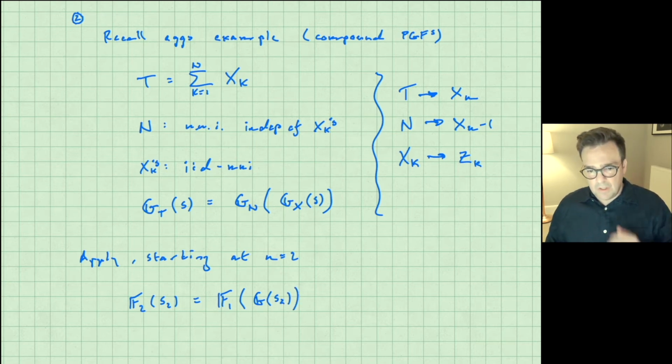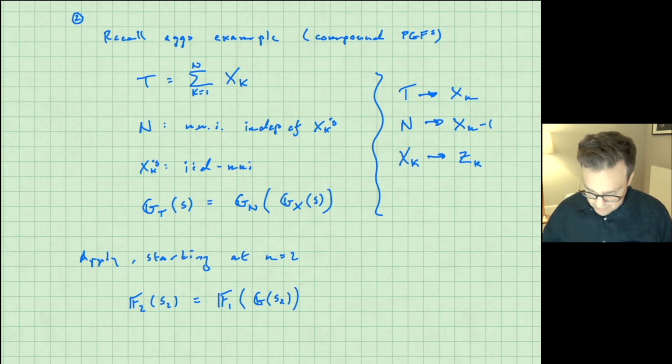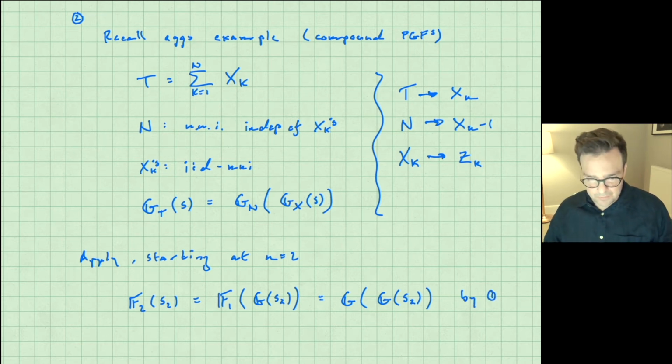All right. But then by the first part of the proposition, remember f sub 1 by part 1 of the proposition is just G. By part 1 of the proposition, the thing that we already proved.